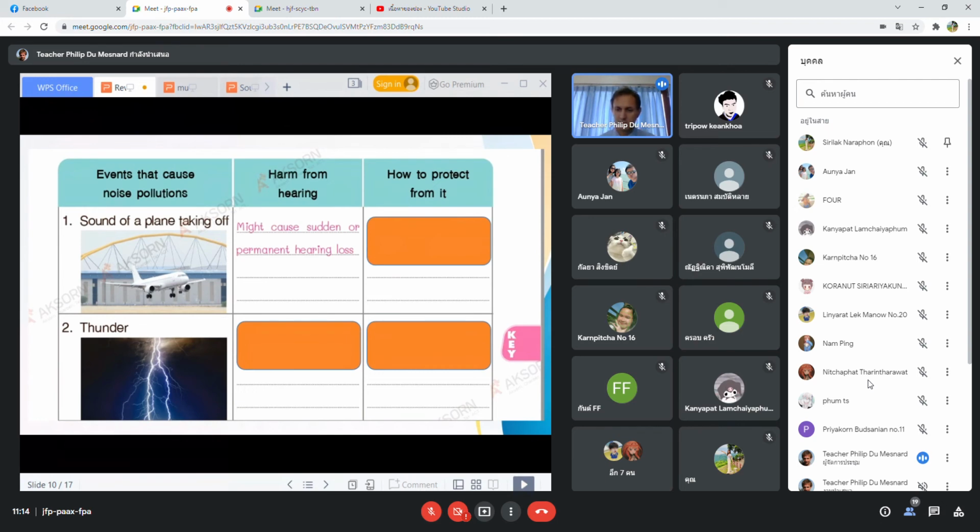Okay, let's ask some students. Let's ask the white and gray cat. T, do you have an idea? How can you protect your ear? Okay, let's ask number 9, cartoon 1. Do you have an idea?